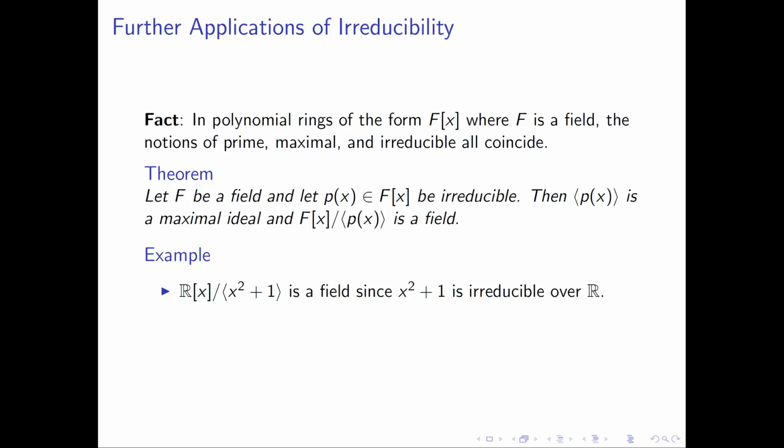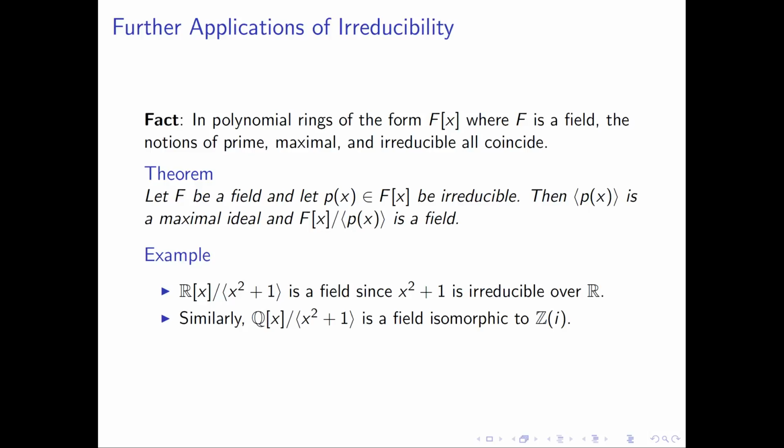And also by our theorem, R adjoined x modulo this ideal is a field. We've seen this example before. In fact, we had seen that when we take a look at R adjoined x and we mod out by this particular ideal, in some of our previous slides we've seen that the field we get is actually isomorphic to the complex numbers. Another way of thinking about the complex numbers is kind of like the field R adjoined i.